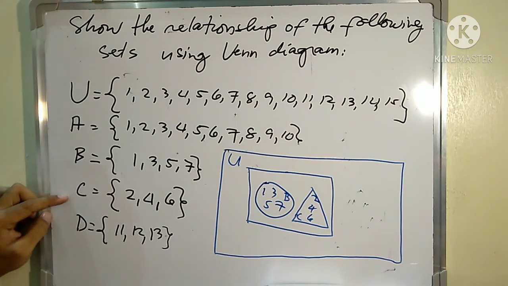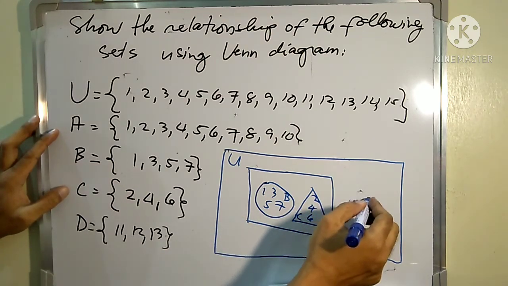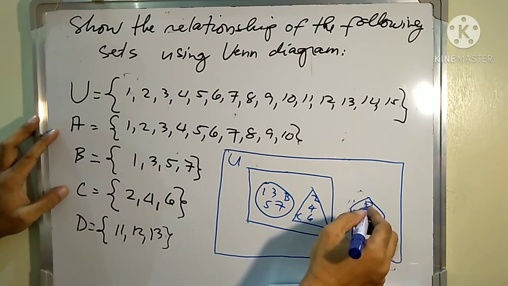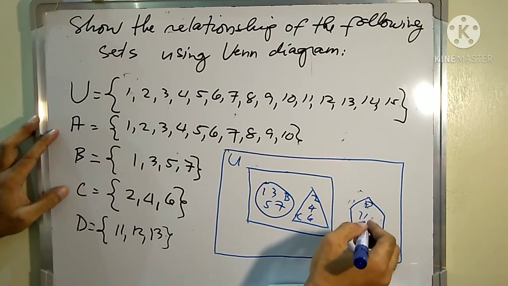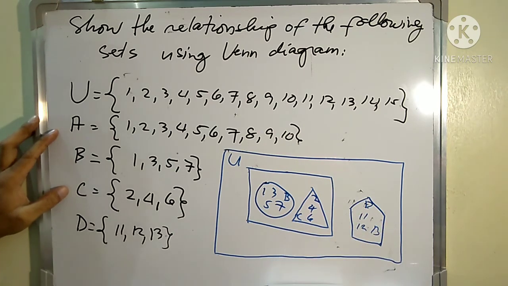And what are those elements outside A? Those are elements that are found in D. So we have this set D whose elements are 11, 12, and 13.